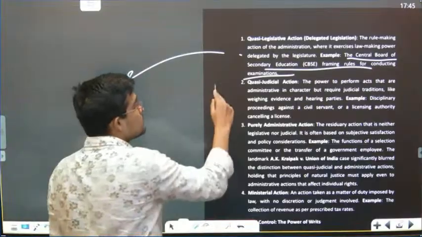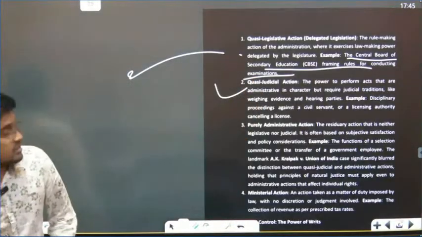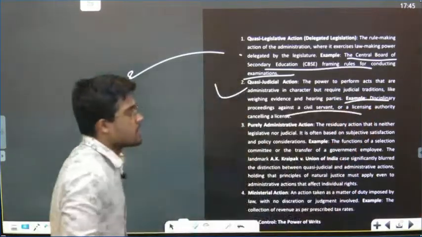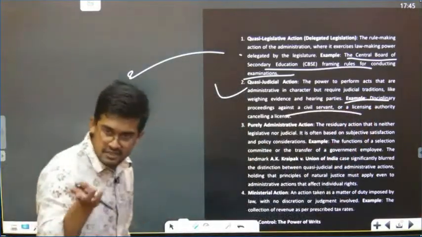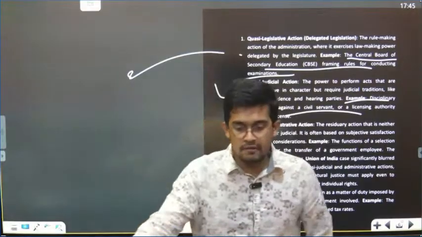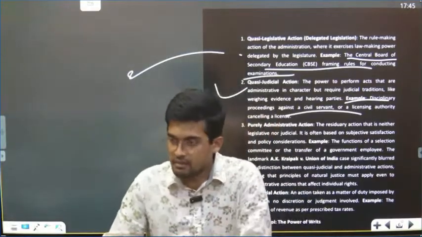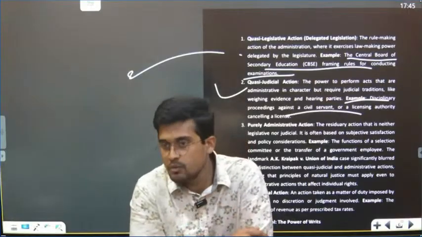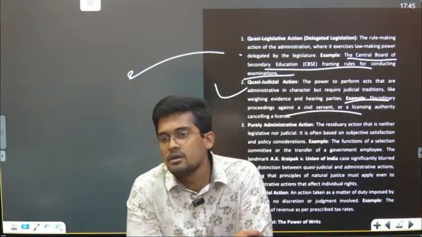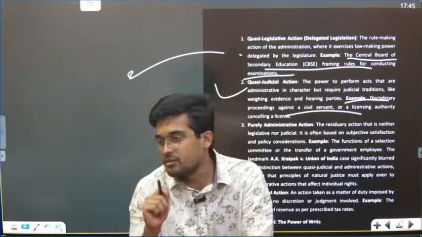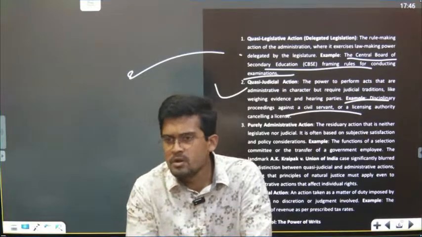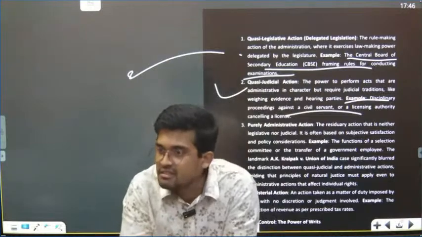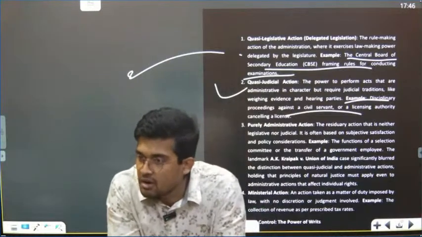Then quasi-judicial functions. Now, what are these quasi-judicial functions? For example, you are the DC of a district. Somebody comes for some licensing, because they want to start a particular venture in this district. They are there to take a license from you. Now you see and you reject it without applying your mind. Don't you think this should be reviewable by court, whether this person has acted in the right frame of mind or not?